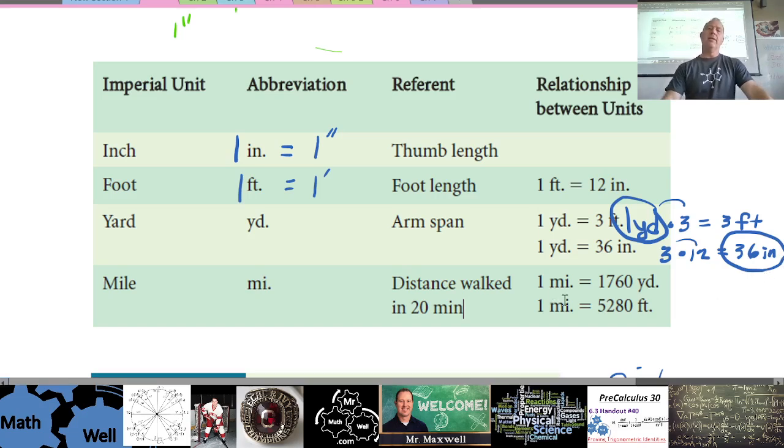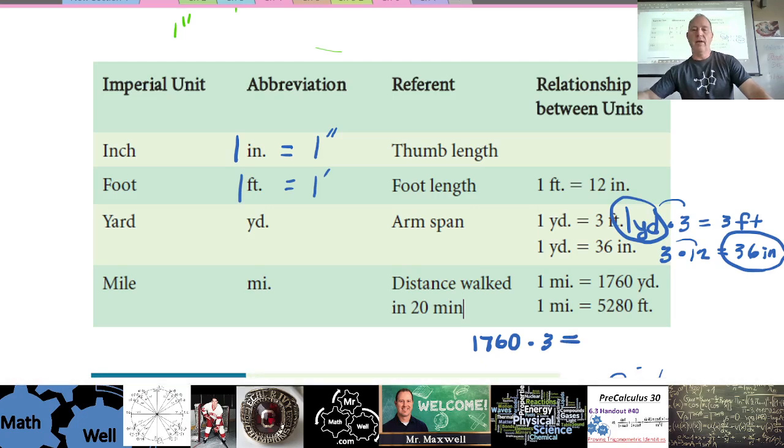Now 1 mile is 1,760 yards. That's 1 mile. Also, it's 5,280 feet. Because there's 3 feet in every yard, if we do 1,760 times 3, and I do have a calculator that I'll show you up here on the screen, if it'll take a second to fire up.